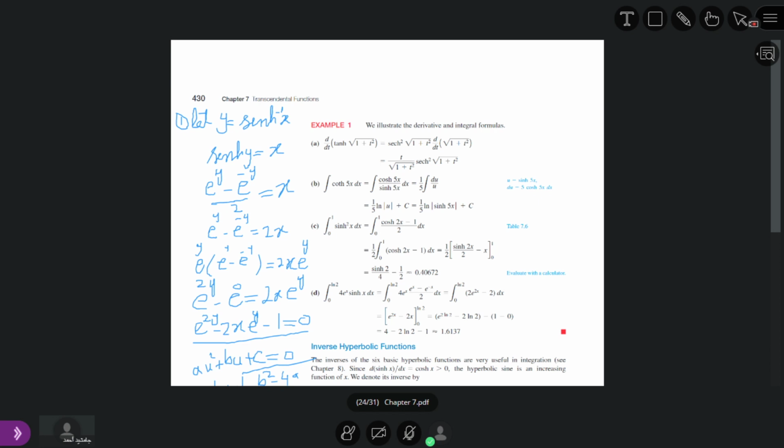So here, I give this equation number 1, and the other equation number 2. If we compare, what is a? a is equal to 1.